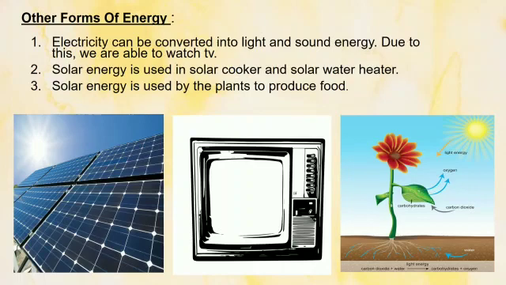Other forms of energy. We use several devices in which work is done using not heat but other forms of energy. For example, we use electricity to run the TV. In it, the electricity is converted into light and sound energy. In a solar cooker or solar water heater, solar energy is used.